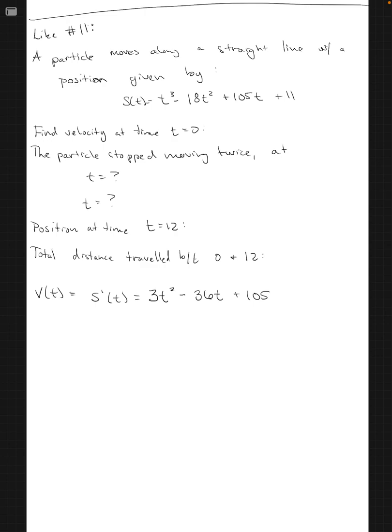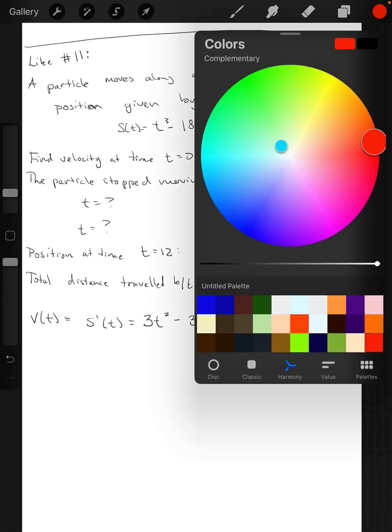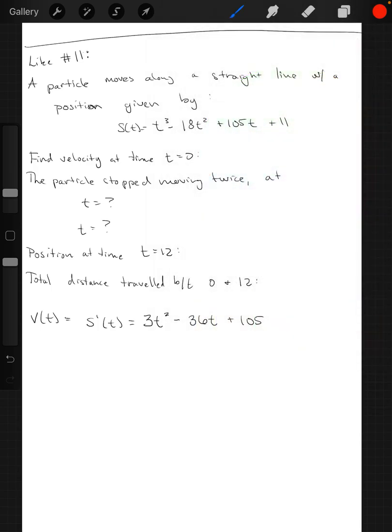So looking at this, this is going to be v of 0. That's what this statement means. And that's going to be 105.